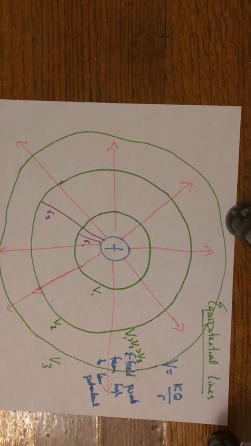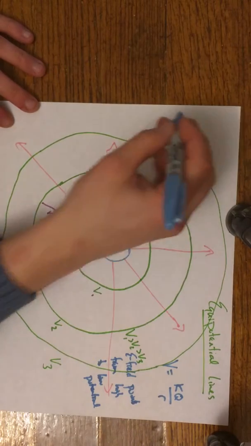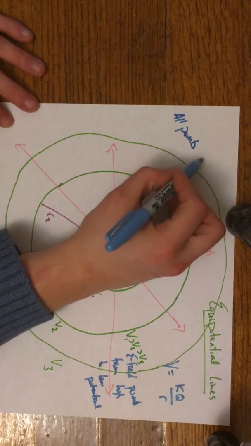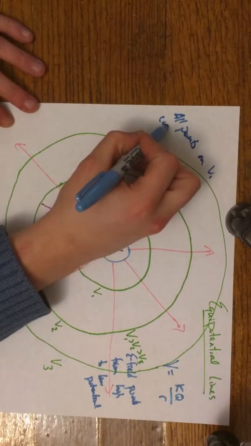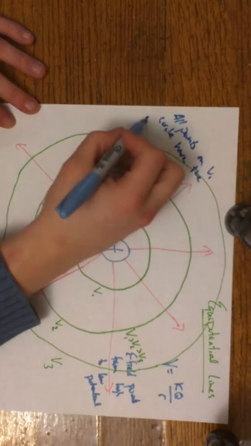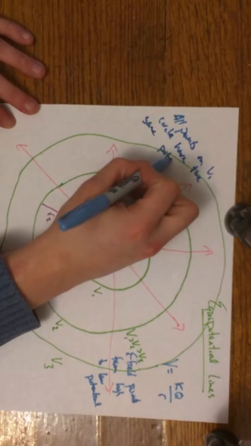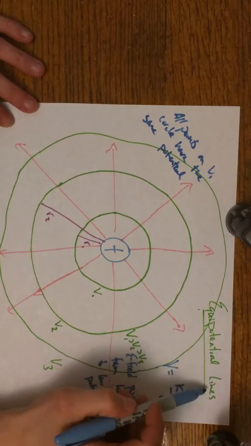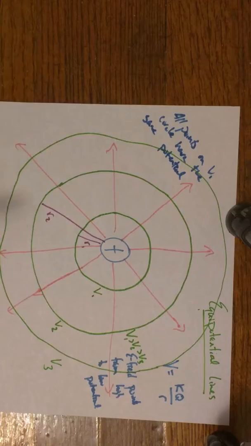Another thing to note, well, I already said this, all points on the V1 circle have the same potential. And that is the very definition of an equipotential line, lines that show equal potential everywhere.